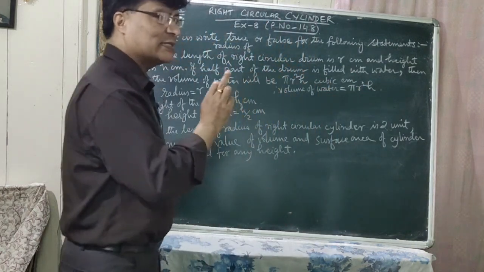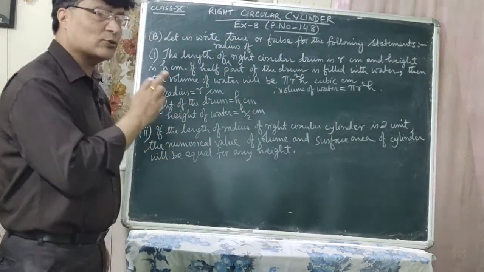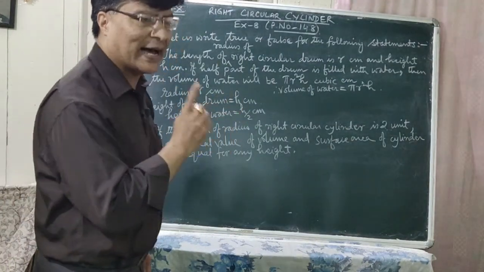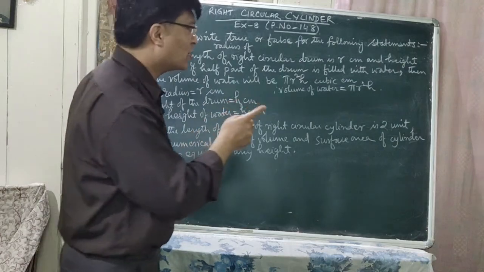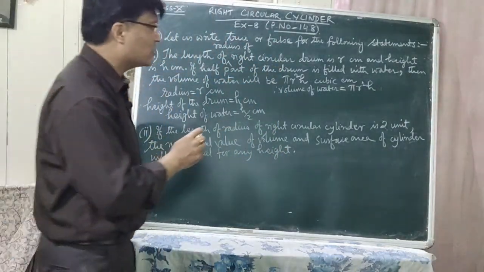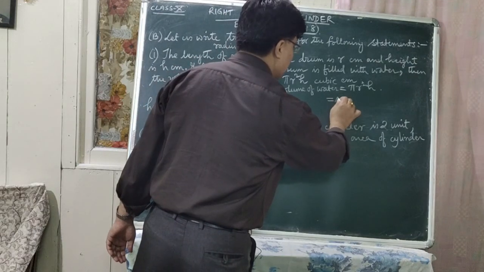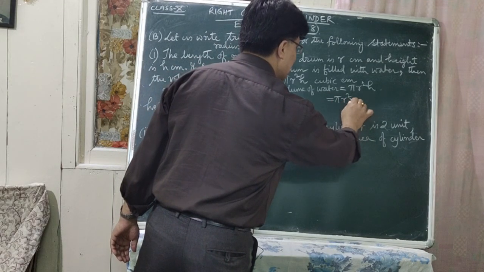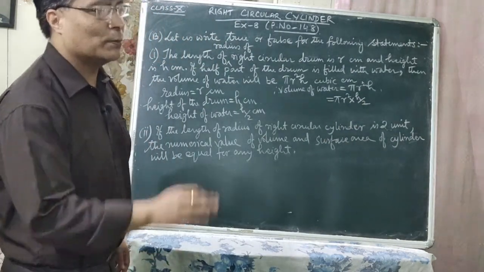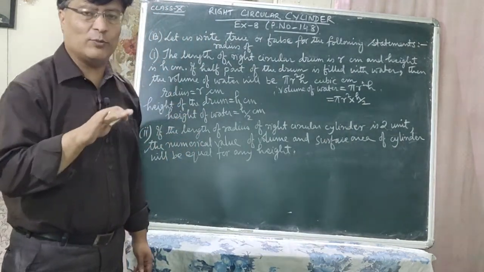But in this case, what is the radius of the drum? It is r. But what is the height of water in that drum? It is h by 2. So pi remains as it is, r also remains as it is. Here instead of h you have to write h by 2 because it is half filled with water.